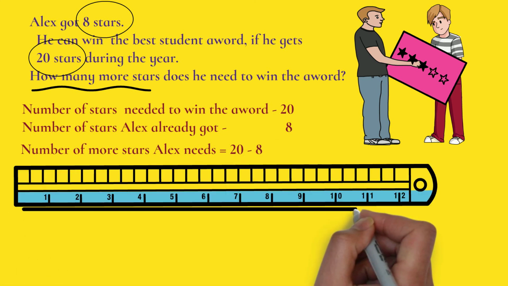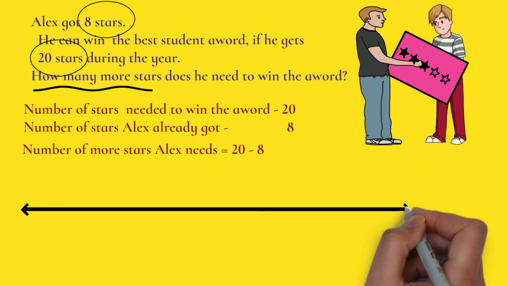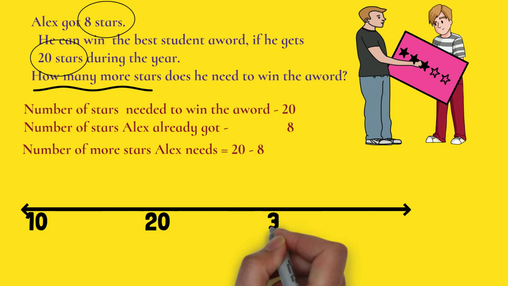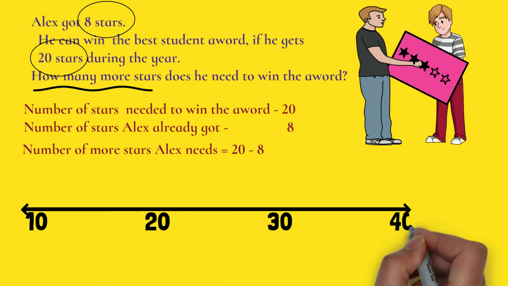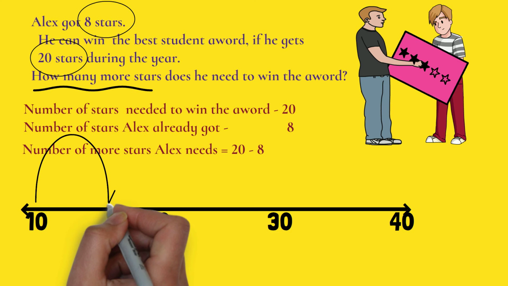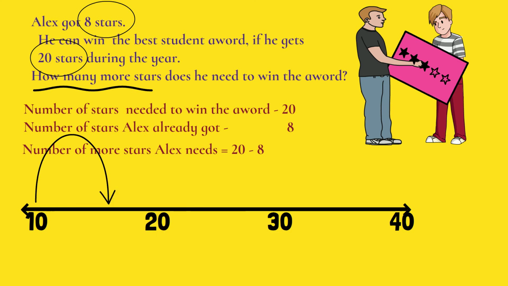Draw a number line with the help of a ruler. Write numbers 10, 20, 30 and 40, keeping equal distance between two numbers. In addition, we jump to the right side. But in subtraction, we need to jump to the left side.